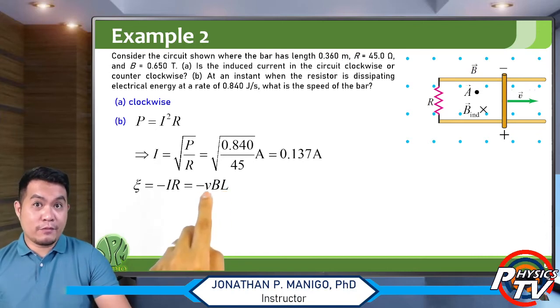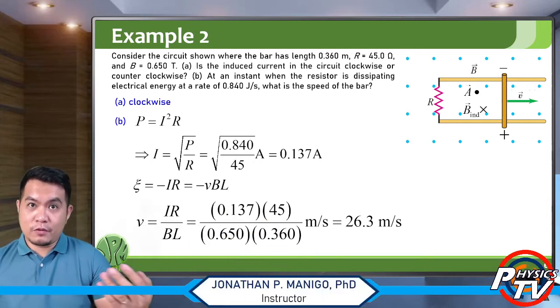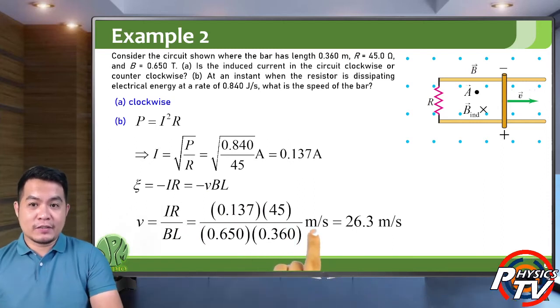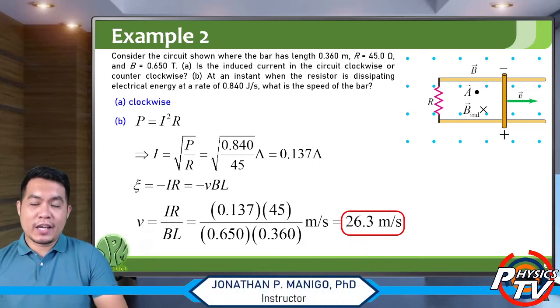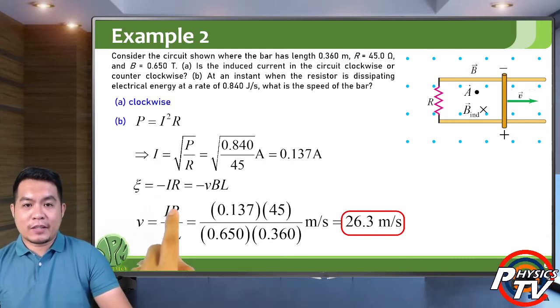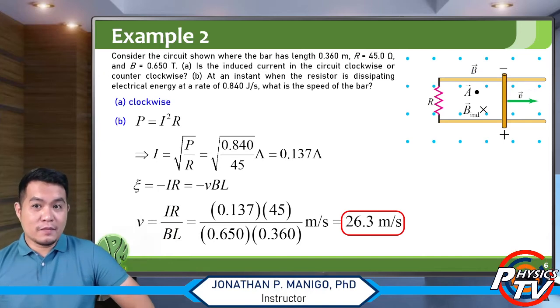So we can now solve for V. And V is just IR over BL. Substitute all the values and convert them to standard units. The final unit is meter per second. And you will get a value of 26.3 meters per second. So the speed of the bar actually depends on these factors: the current, the resistance, the magnetic field, and the length of the rod.